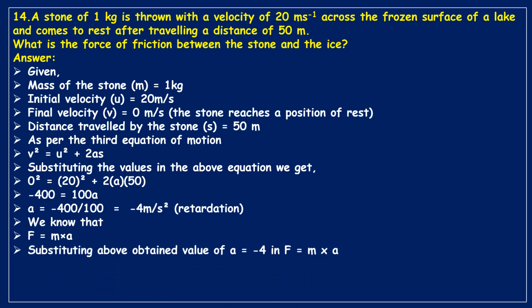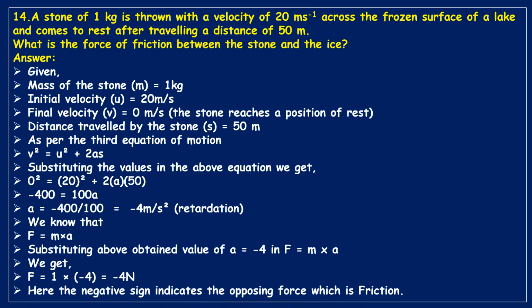Substituting the obtained value of a equals minus 4 meters per second square in the formula, we get F equals mass, given as 1 kg, into acceleration, given as minus 4 meters per second square, that gives you minus 4 newtons of force acting on that stone to bring it to rest, that is called frictional force, right?